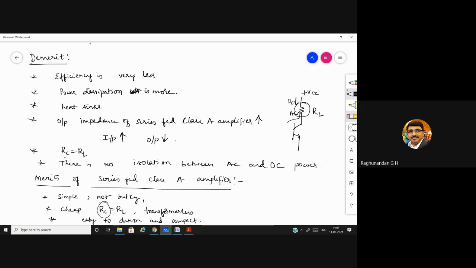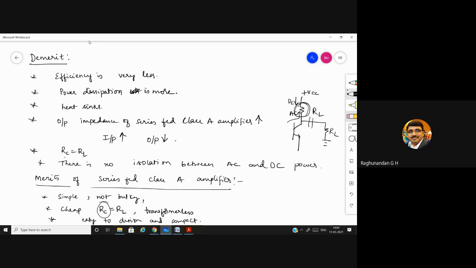You can say you can use a capacitor, but here you cannot, because the device is connected directly. What we were doing in the earlier amplifiers was, RL was here, and before giving to the RL, we used to connect one capacitor. But here, since the collector resistance itself is the load, suppose you are connecting a speaker, you are connecting your speaker directly to this position, where your speaker itself will act as the collector resistance. So there is no isolation between AC and DC.